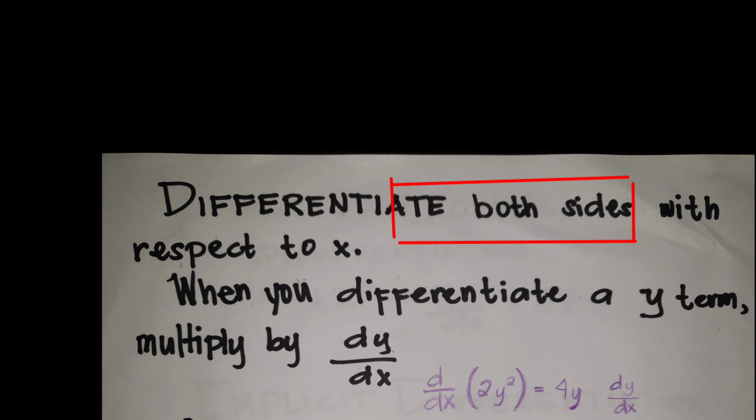A 2y squared can be differentiated using the power rule. Normally the derivative of y squared would give you 2y, but because it has a y in it, you will need to tack on, or multiply, a dy dx at the end.